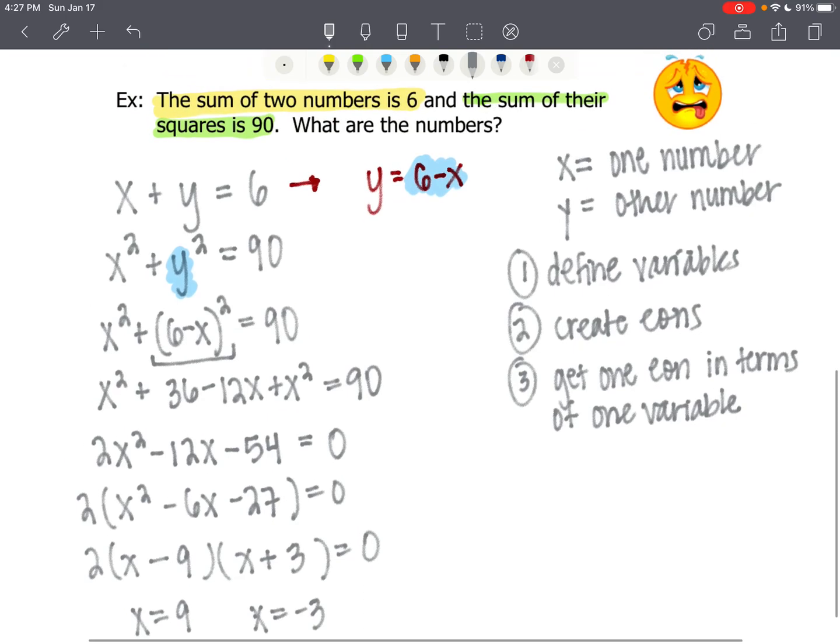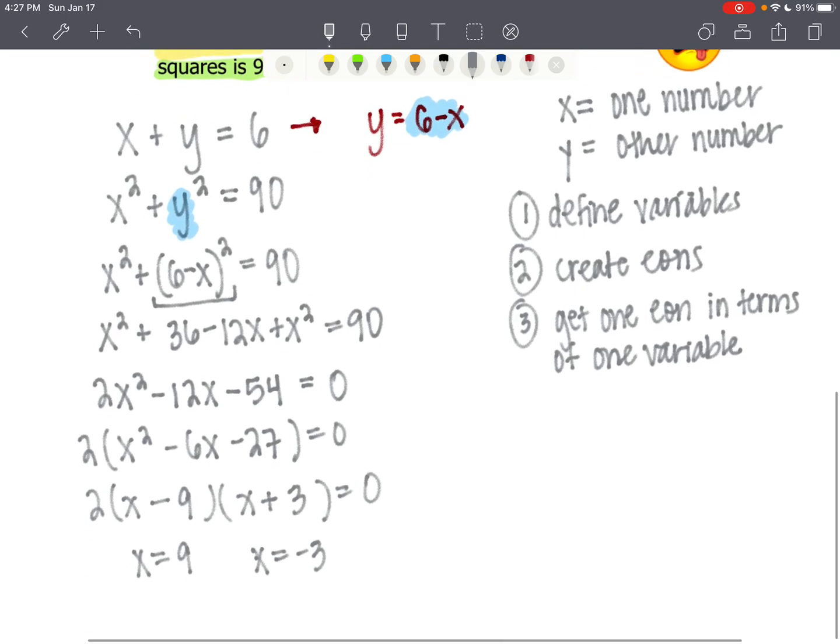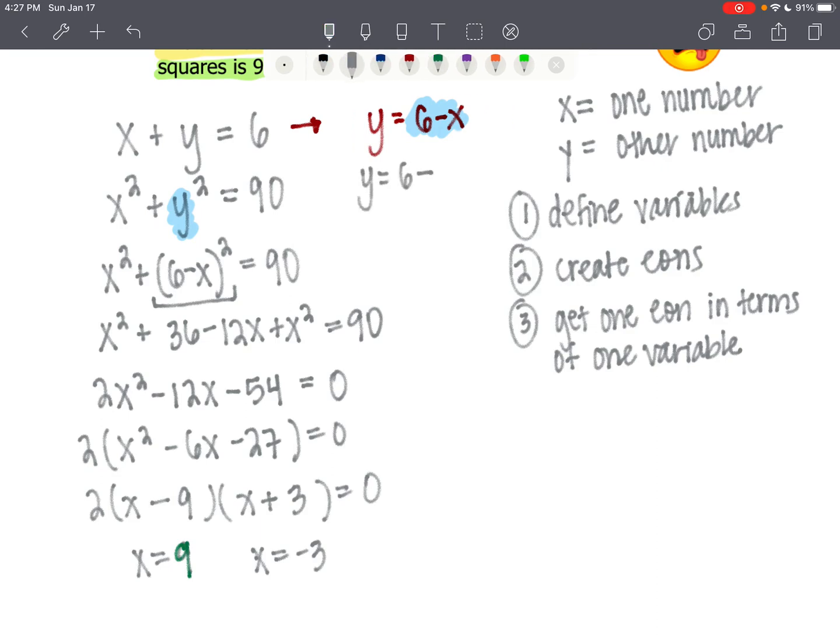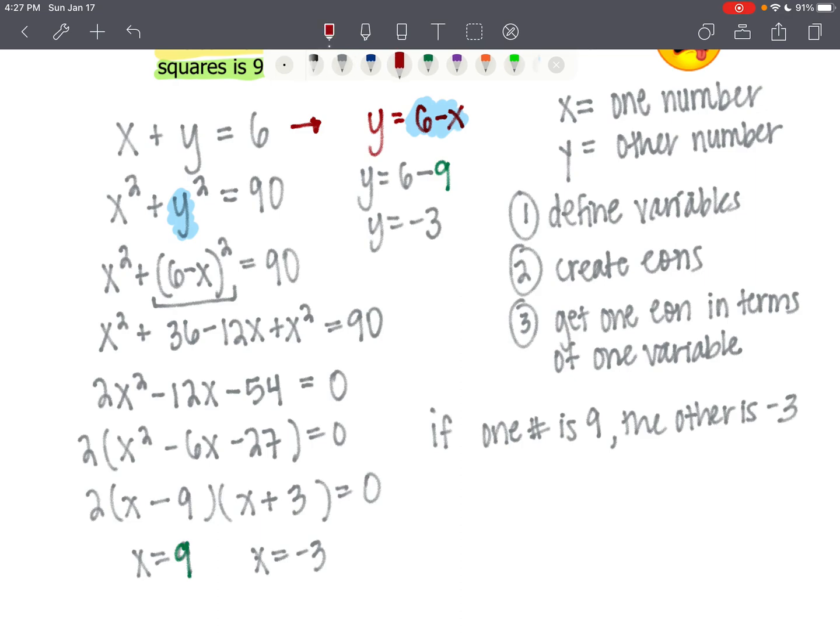So if x equals 9, okay, so I'm going to make 9 green. If x equals 9, then when we come up here, y equals 6 minus 9, I get y equals negative 3. So if one number is 9, the other is negative 3. Okay, what happens if I say, let's let x equal negative 3?